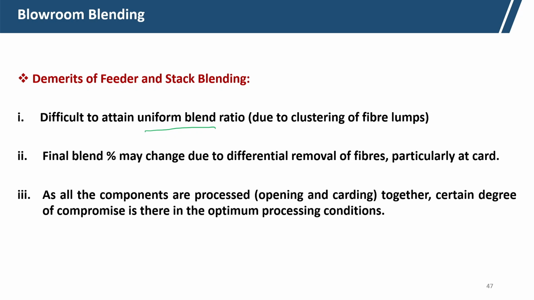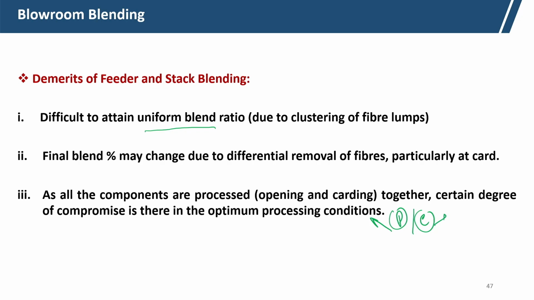As all the components are processed together, like opening and cleaning, carding, a certain degree of compromise has to be made in the process. Suppose we take the example of polyester and cotton. Polyester will have different settings than cotton, both in blowroom and in card, everywhere.